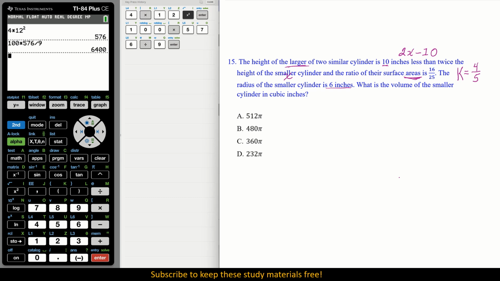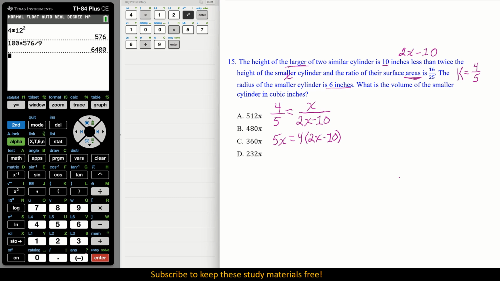Okay, so first let's deal with the one-dimensional situation, which is for the height. So that will equal, okay, that's x. The x is associated with a 4 because that's smaller. And then we have 2x minus 10. Okay, so that gives us 5x equals 4 times the 2x minus the 10.